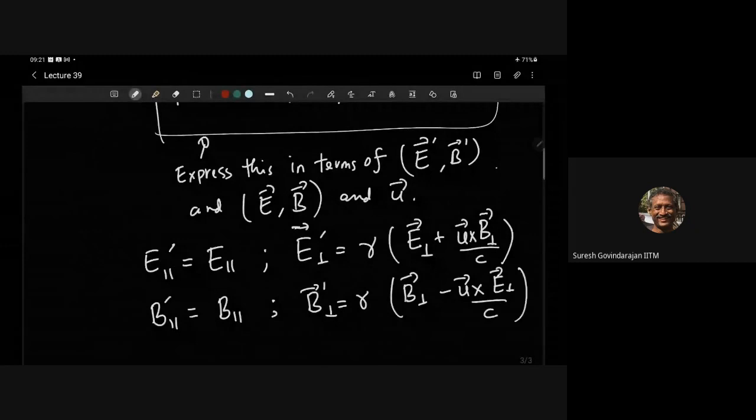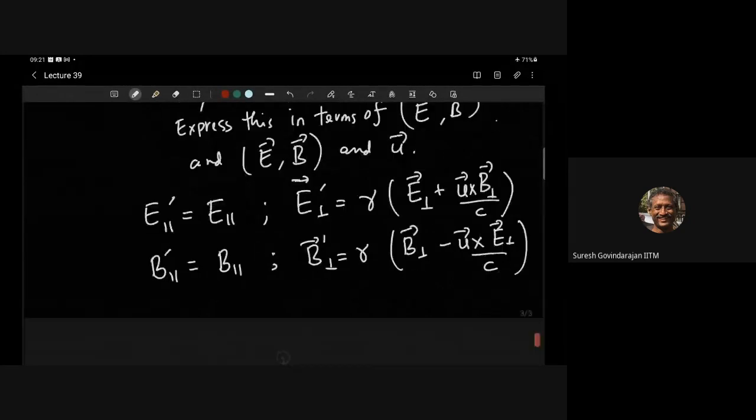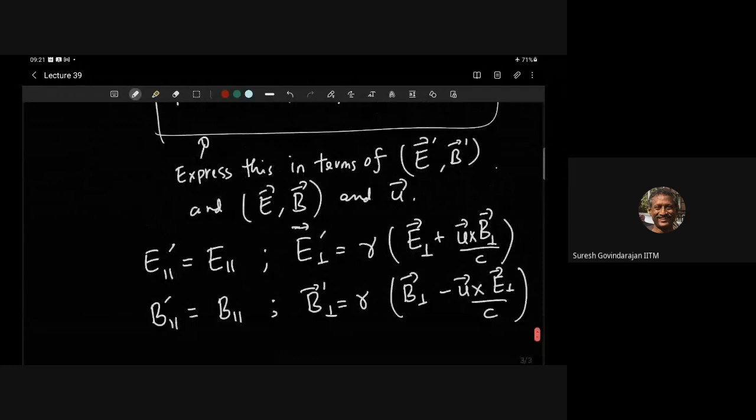Remember what gamma and beta are? Gamma is something which is strictly greater than or equal to 1. You can see that the U-square corrections all nicely combine and come in this form, and the parallel component does not see any corrections. This is something which you should be able to check.